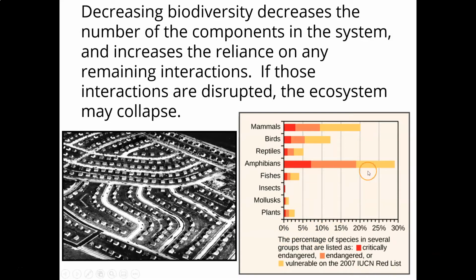Almost 30% of all species of amphibians are at some sort of risk, with almost 8% critically endangered, meaning they're on the verge of extinction. Another about 10% is considered endangered, meaning they're at risk, but the risk could be mitigated, and vulnerable, which means they're at risk of becoming endangered. Now, these numbers vary from time to time.